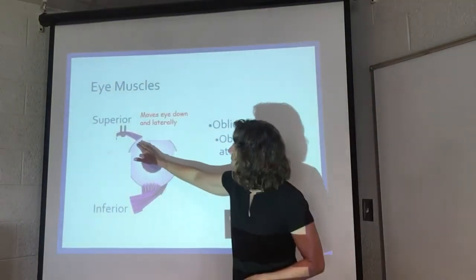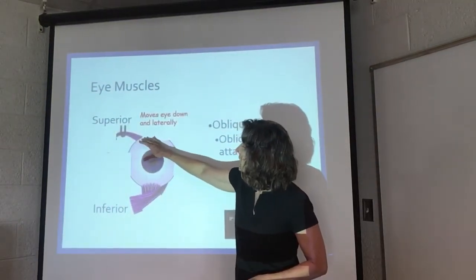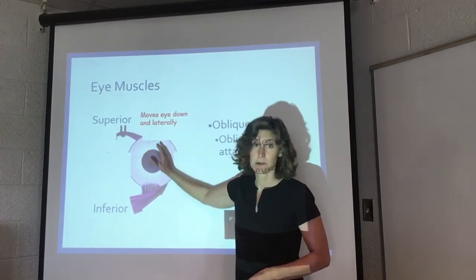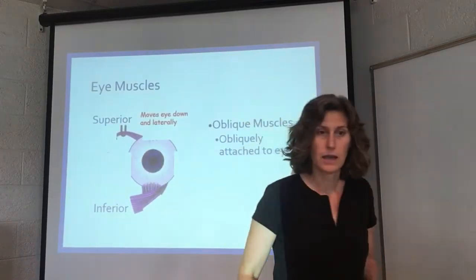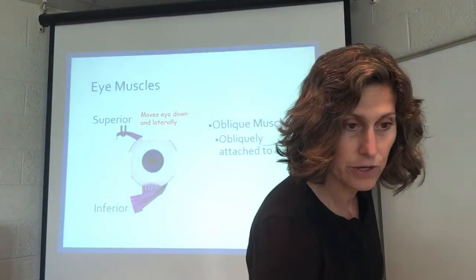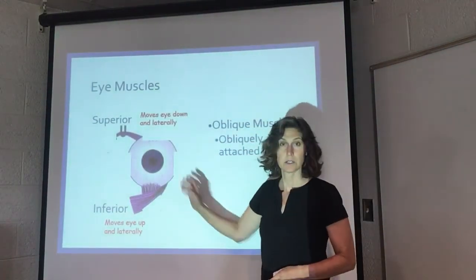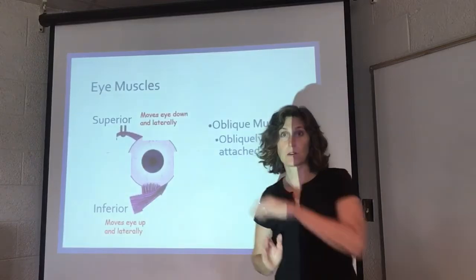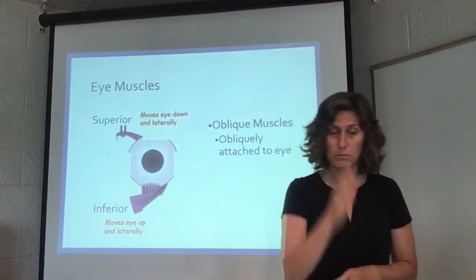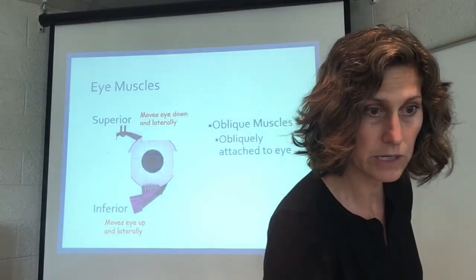So the superior moves the eye down and laterally, and the inferior moves the eye up and laterally. So it moves them more at an angle, not at these straight plus and minus degrees.